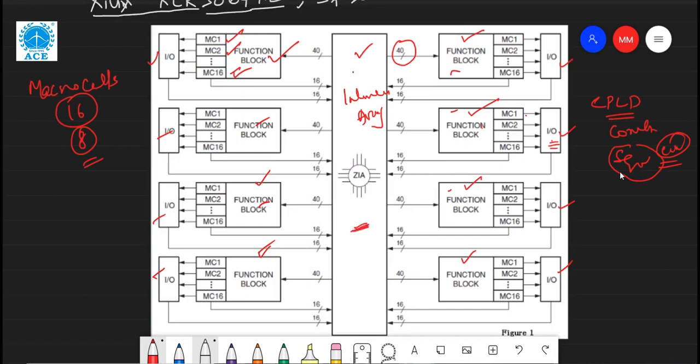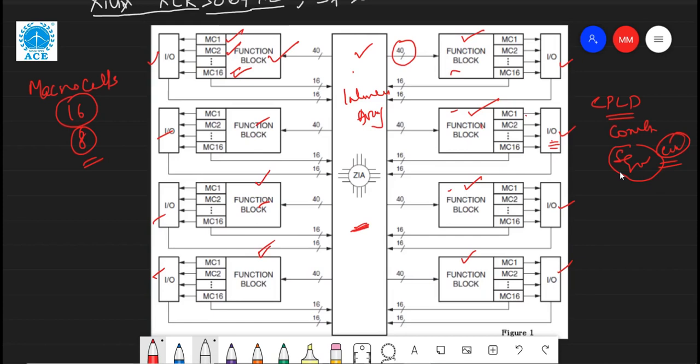I already said the interconnect array is used for IO functionalities to interchange the functional blocks' input output functionalities. So the output of the functional block is reconnected to the interconnect array or interconnect matrix.